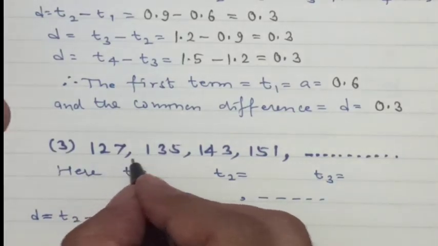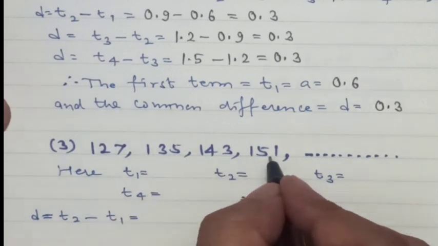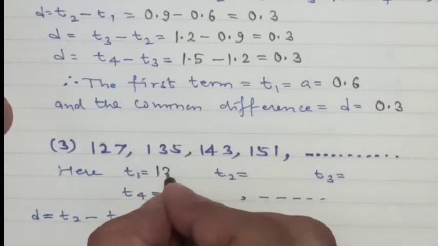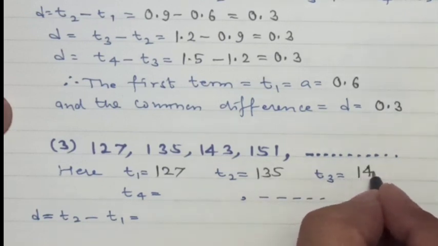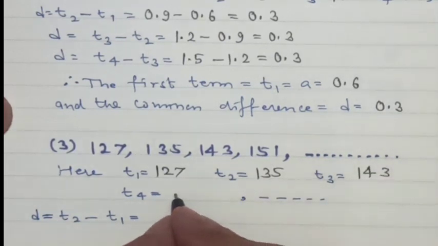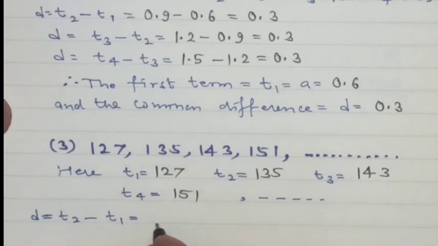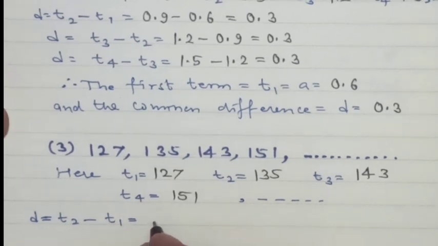Third question, 127, 135, 143, 151. So write T1 as 127, T2 is 135, T3 is 143 and T4 is 151. Find out the difference. T2 minus T1, that is 135 minus 127, which is equal to 8.